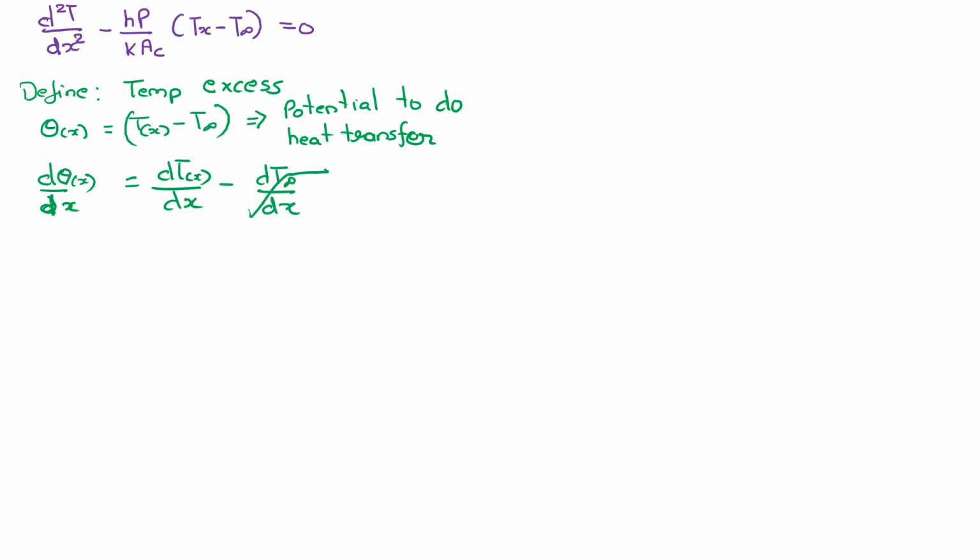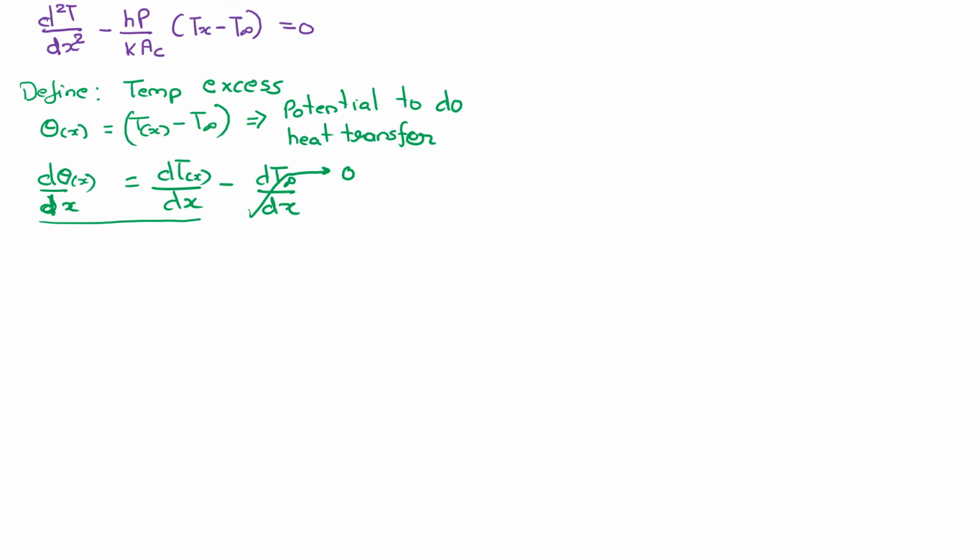Now this is a constant value, so it will be 0. So we get d theta of x by dx equals dT of x by dx. So our second order differential equation doesn't change that much.